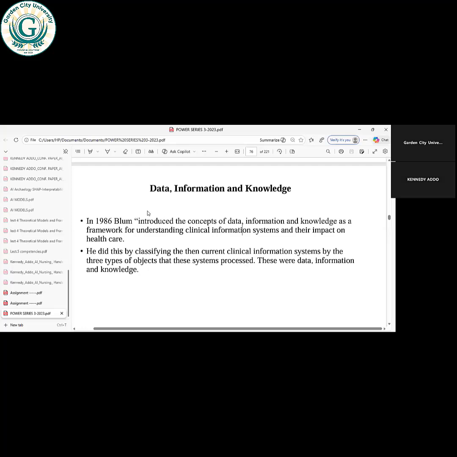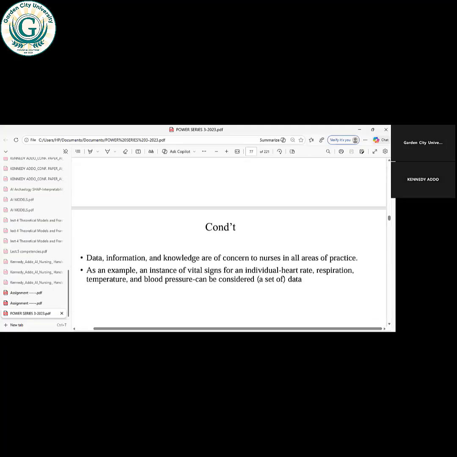In 1986, Bloom introduced the concept of data, information, and knowledge as the framework for understanding clinical information systems and their impact on healthcare. He did this by classifying the then current information systems by the three types of objects that these systems process: data, information, and knowledge. If you pick, let's say, vital signs for an individual, heart rate, respiration, temperature, among others, how do we give meaning to a vital sign to make it information?